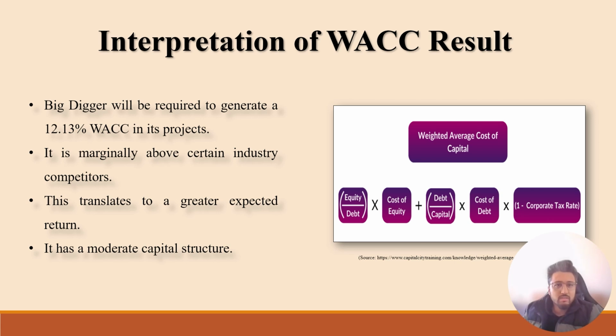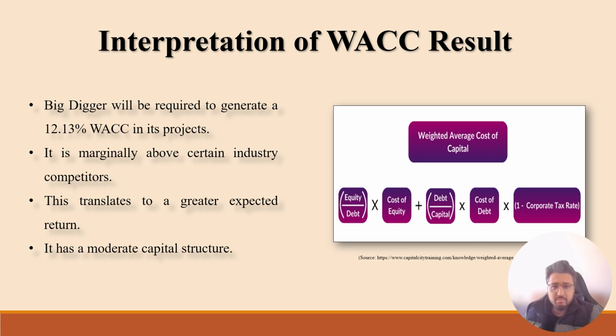So what does our weighted average cost of capital mean? This means any new project Big Digger invests in must earn more than 12.13% to be worthwhile. So our final WACC is 12.13%, which tells us the minimum return Big Digger should make on any new project.